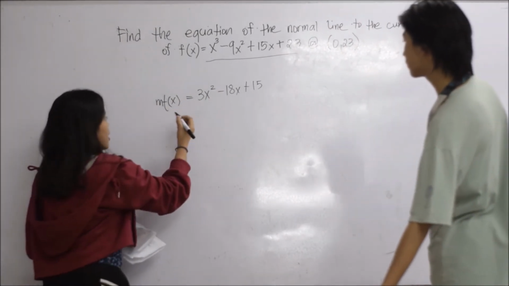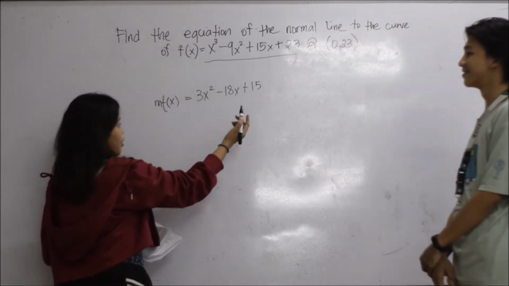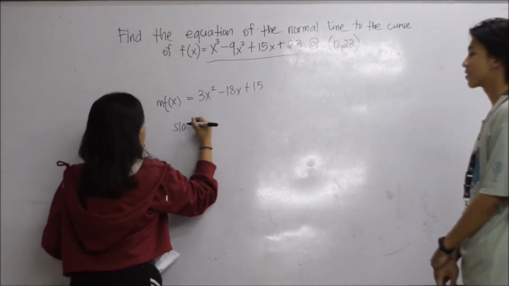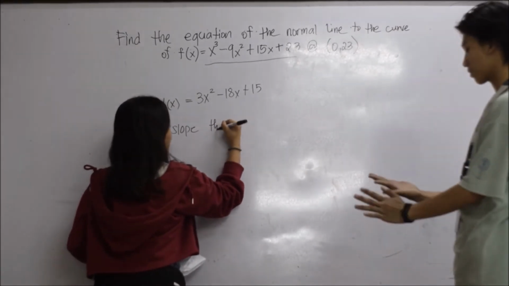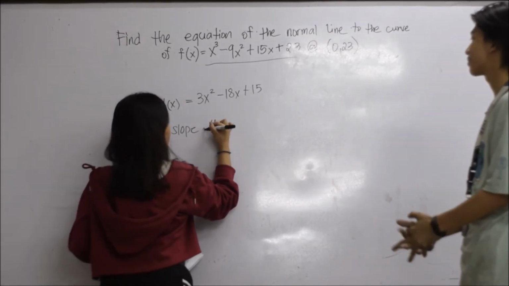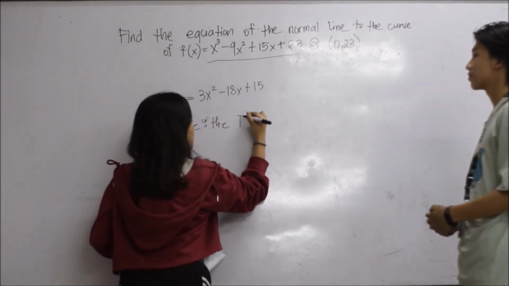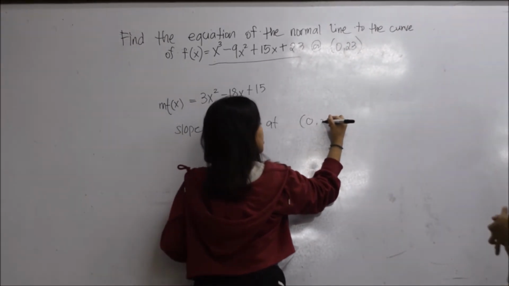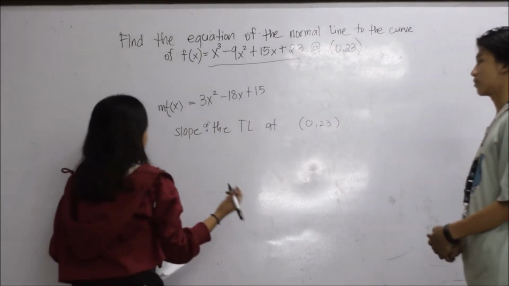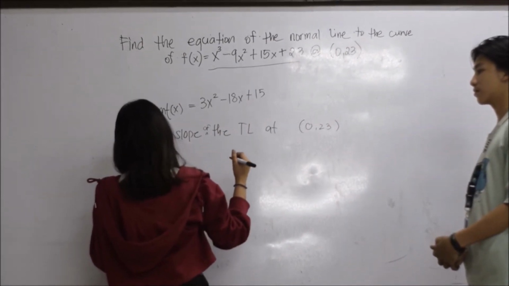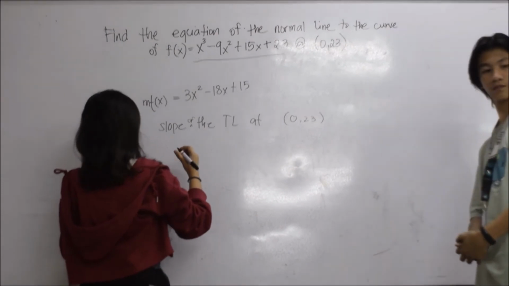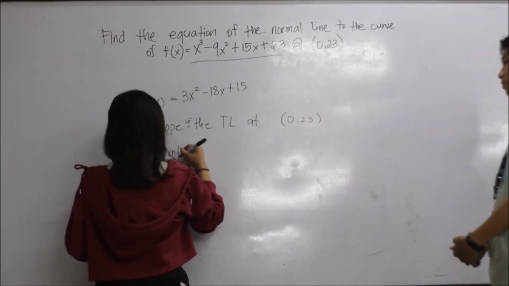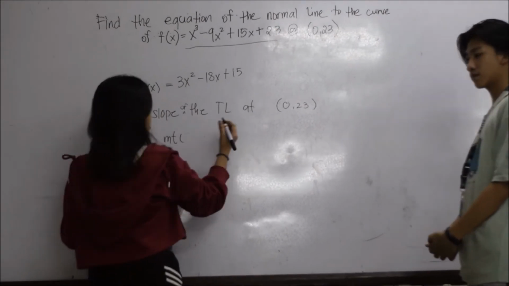And next, now that we have the derivative, we will get the slope of the tangent line at point 0, 23, which is, we substitute x to 0.